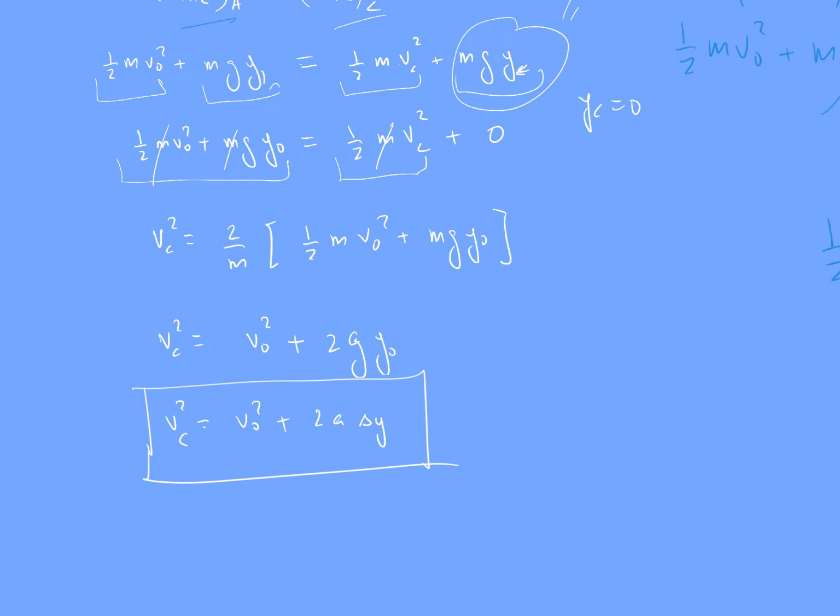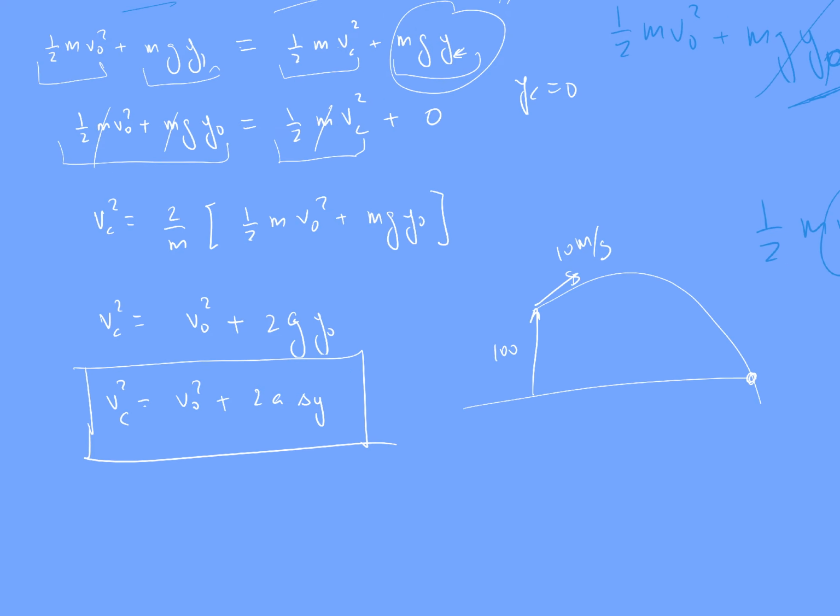So if you want a practical problem, let's say that y0 is 100 meters. Let's say that the magnitude of the velocity is 10 meters per second. So you launch the body and you want to find what is the velocity when it arrives here, Vc.